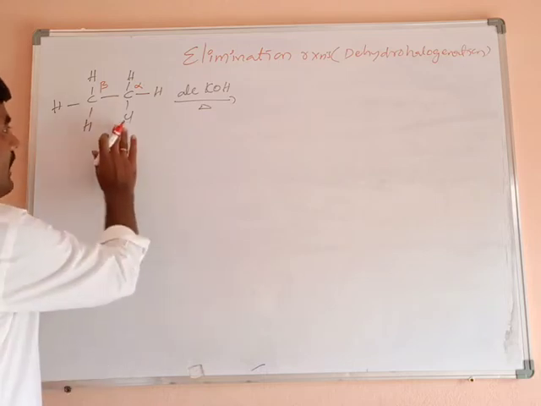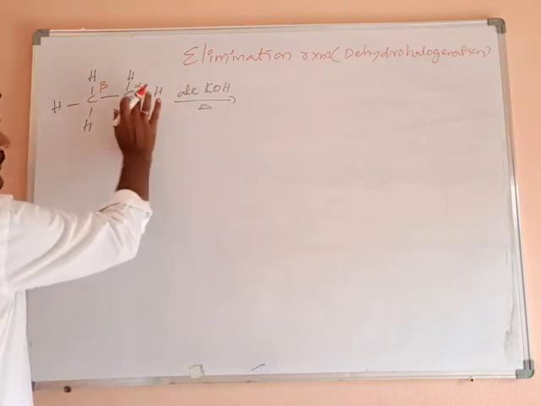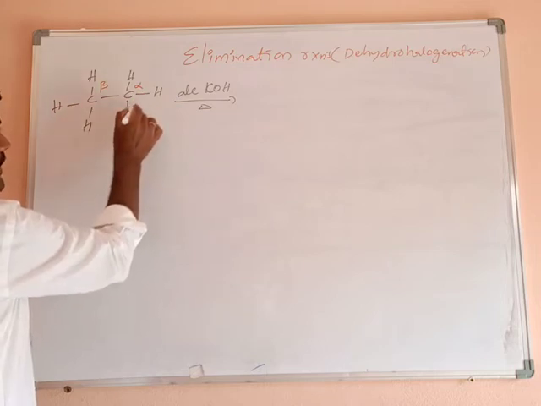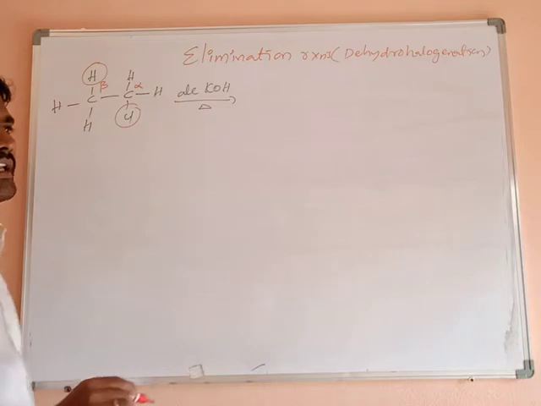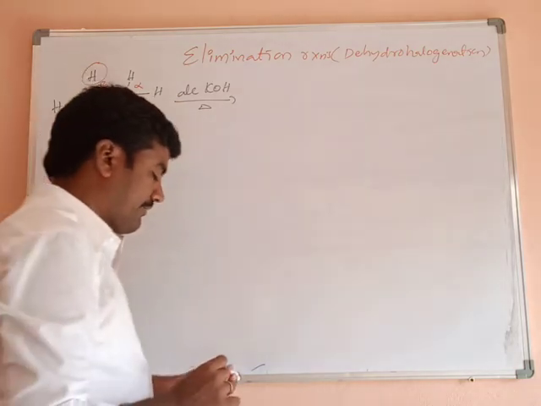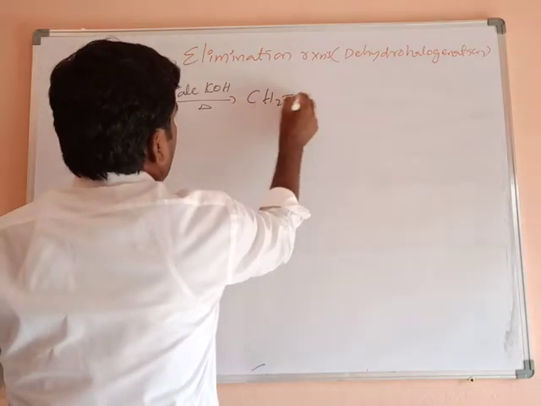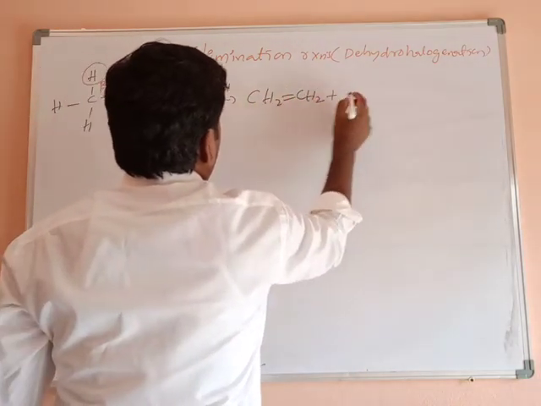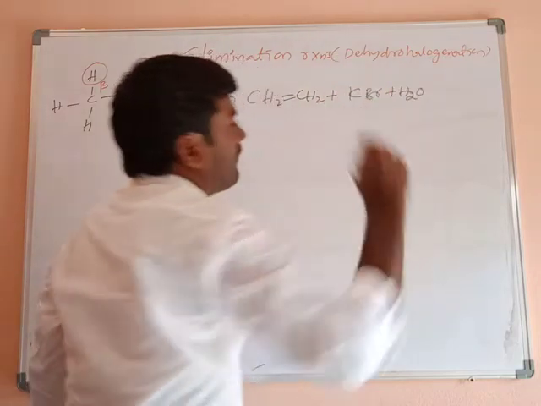When these alkyl halides are heated with alcoholic potassium hydroxide, the halogen atom from the alpha position and the hydrogen atom from the beta position are both eliminated to form an alkene. CH2=CH2 will form, along with potassium chloride plus H2O.